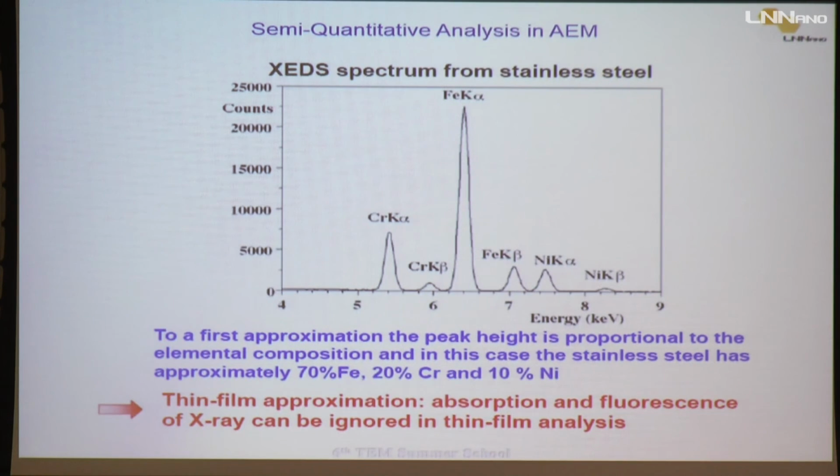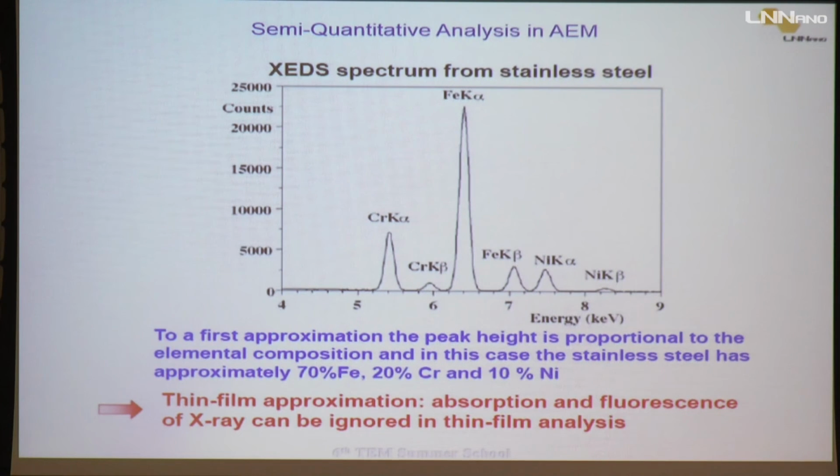Please pay attention, this is why we are dealing with the thin film approximation. What is this? We are in the TEM, with a TEM sample that is about 100 nanometers in thickness or less, okay? Then the effects on X-rays related to fluorescence or absorption may be ignored.